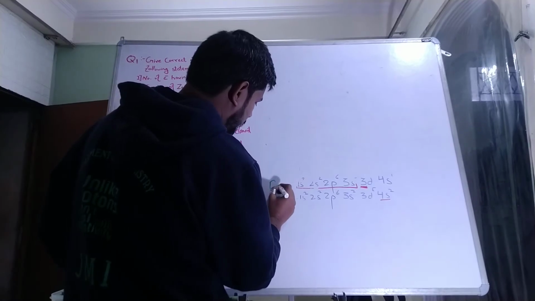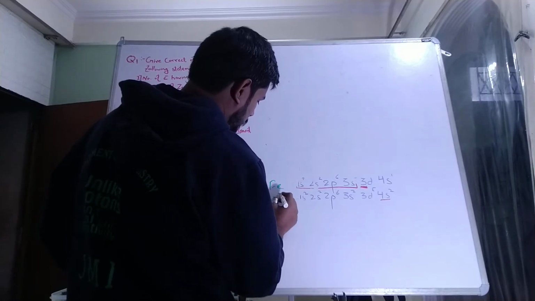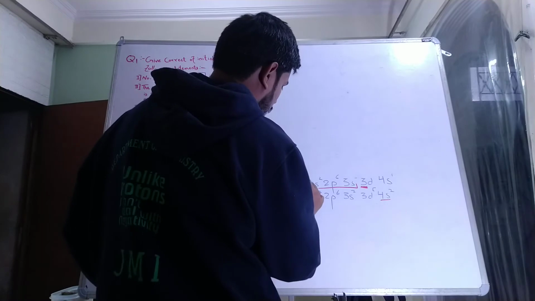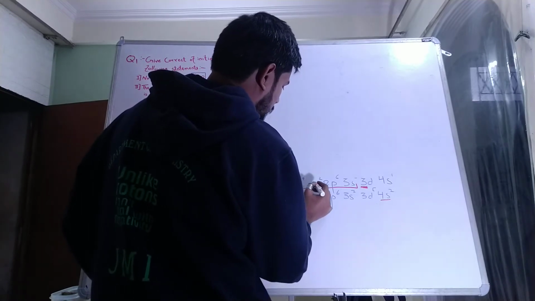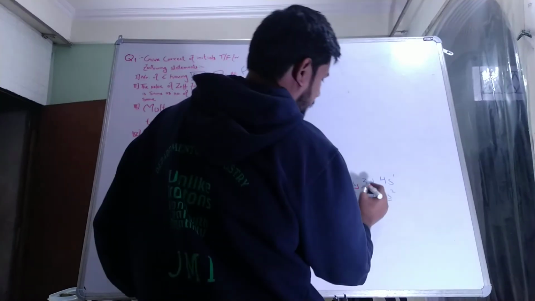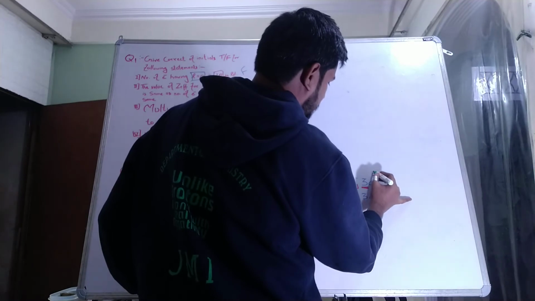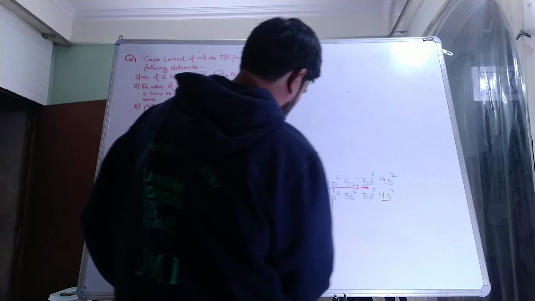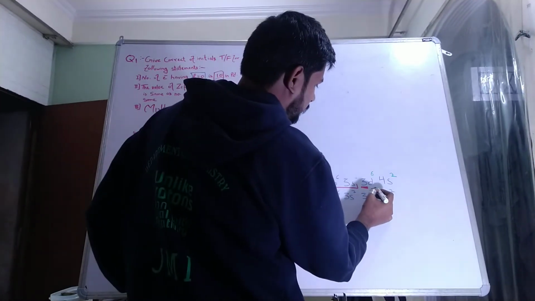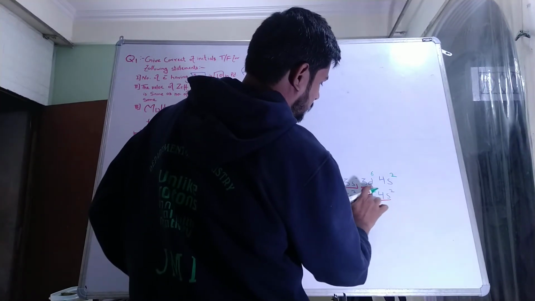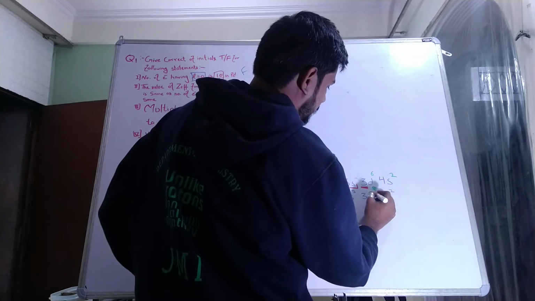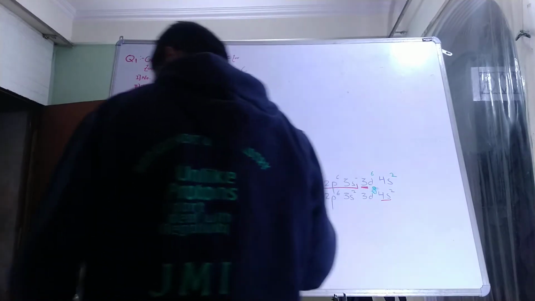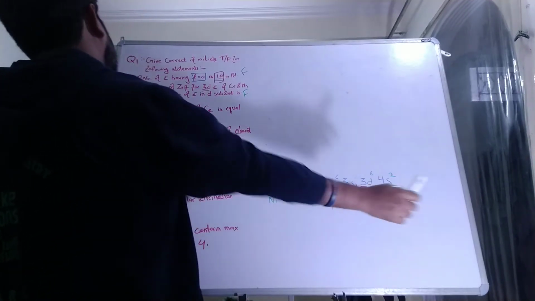It will be Fe and nickel 2+. It will be the same 1s2, 2s2, 3d6, 4s2, and nickel 2+ we will have 3d8. We have to find the spin multiplicity.